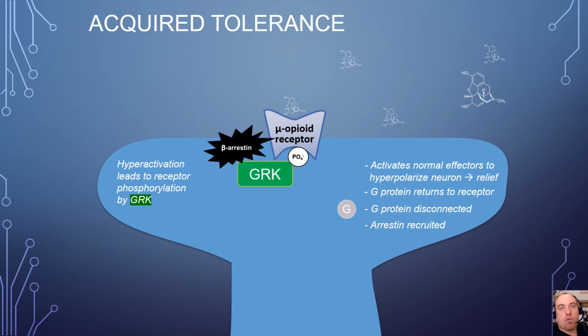That also recruits something called beta-arrestin, and hopefully you can remember this easily from the name, but it is essentially arresting the normal activity of the receptor. And beta-arrestin does that by recruiting all the machinery required to create a clathrin-coated pit and internalize the opioid receptor.